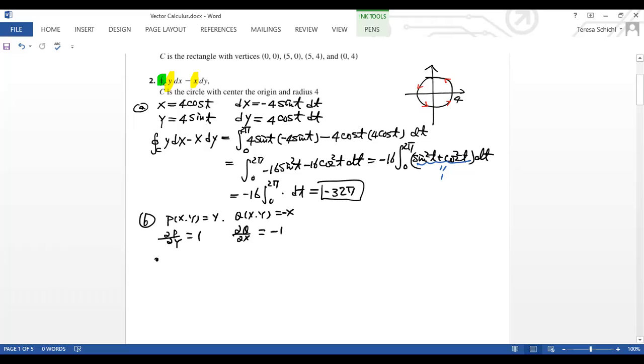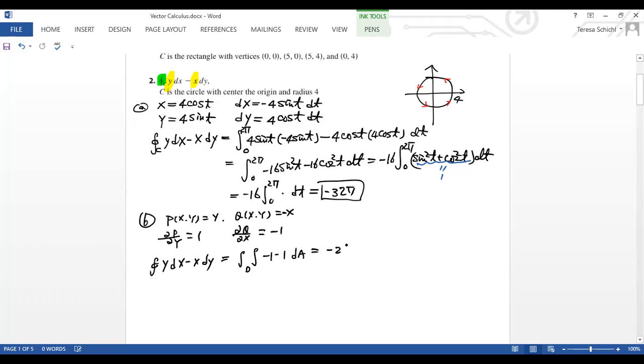Okay, so by Green's theorem, we say this is y dx minus x dy. This will be equal to integrating over the circle, right? So it's partial Q partial x minus partial P partial y. So it's negative 1 minus 1, then over this area. So what is here?